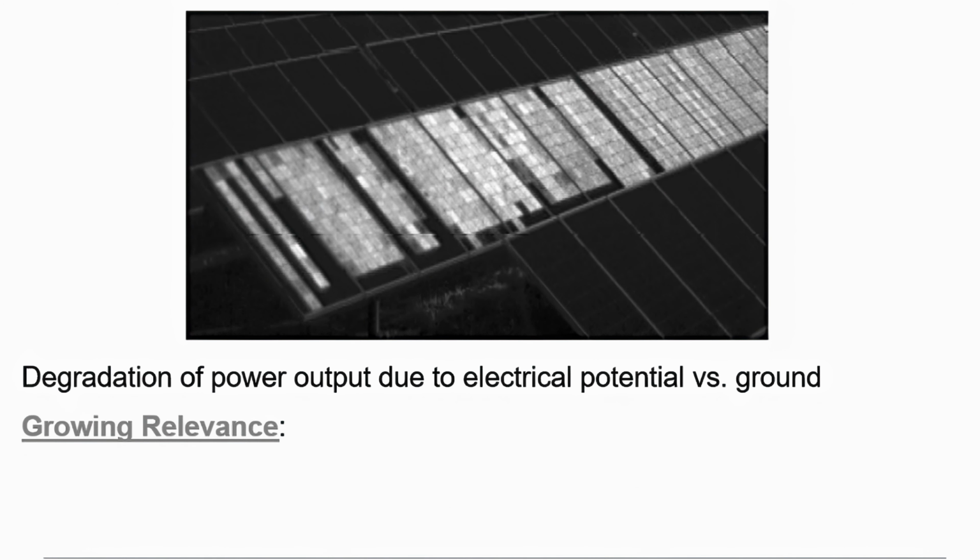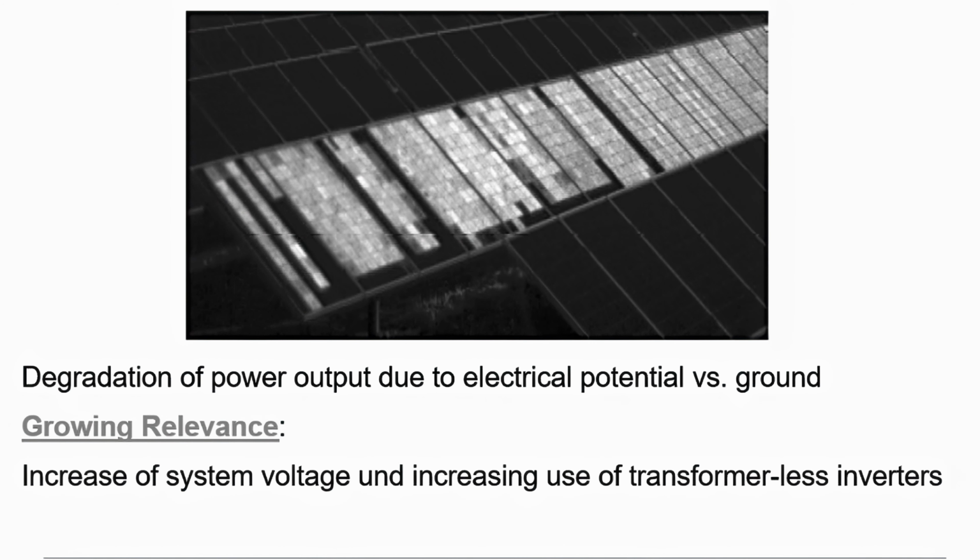This issue hasn't been so well known in the decades before. It's getting growing relevance because of the increase of the system voltage. While formerly the system voltage was limited to 600 volts, it's now 1000 volts, and will even increase to 1500 volts or even 2000 volts. Also, there's no galvanic separation anymore between the module array and the grid.